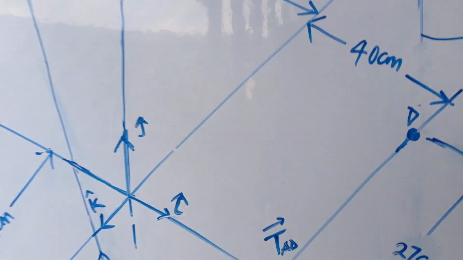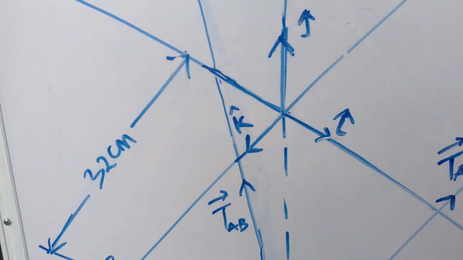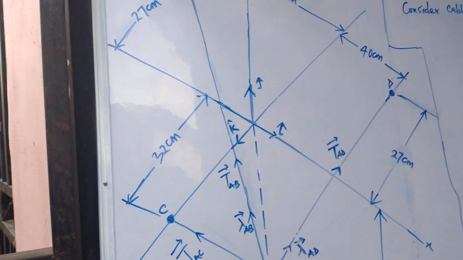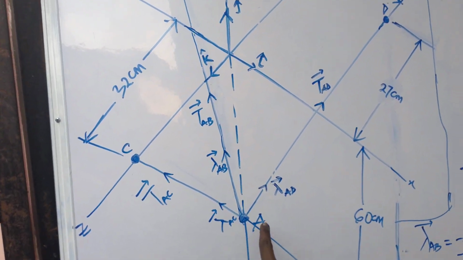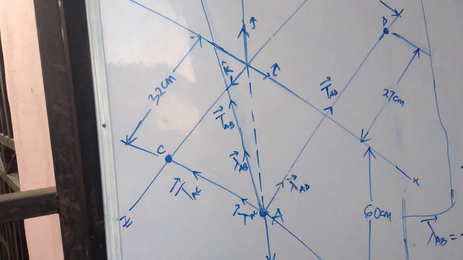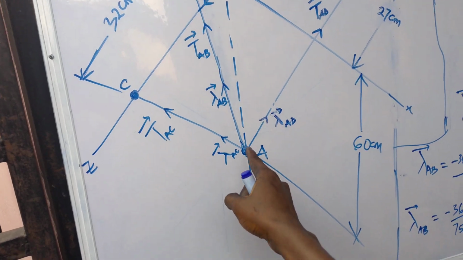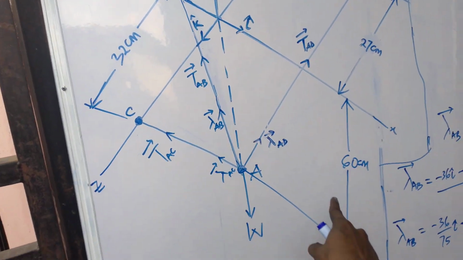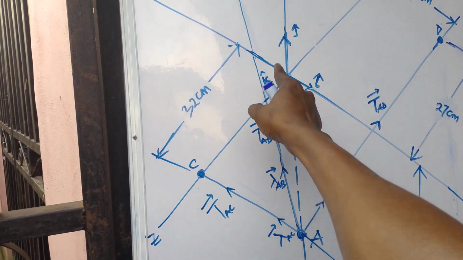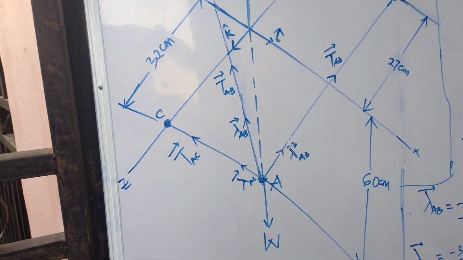So I come back to the free body diagram. Let's look at this free body diagram. Now, considering cable AD, I'll look for a way I can navigate from point A to point D. Going from A, go upwards with respect to this distance, that is plus 60j.